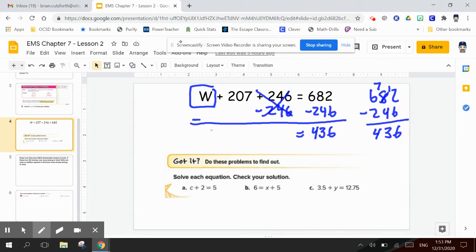And the rest of this is the same. W plus 207. This equals 0, so I don't have to add 0 or anything. I just simply leave it off. Now I want to make sure my variable w is by itself, so instead of adding 207, I'm going to subtract 207 from both sides.